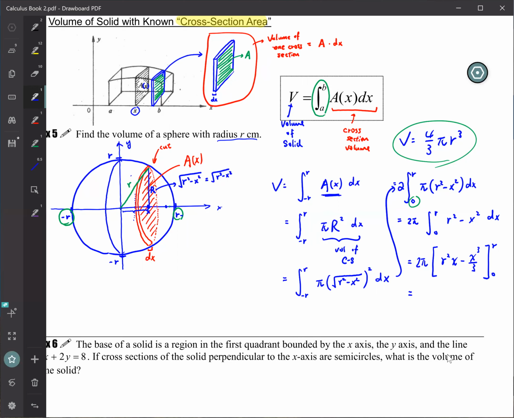You just sub in, that's all. All right, please raise your hand if you get 4 over 3 pi r cubed.